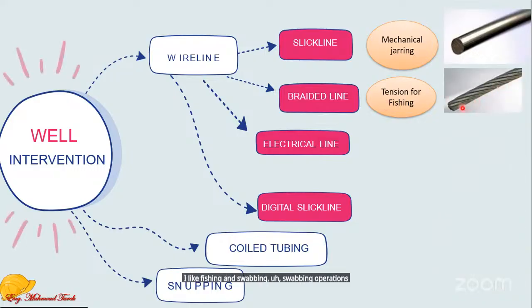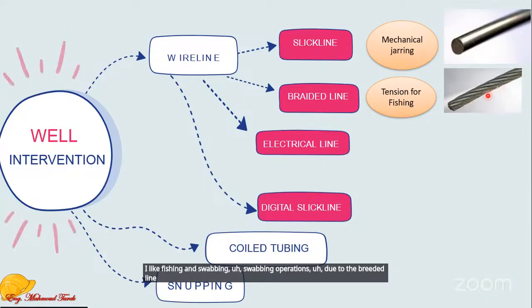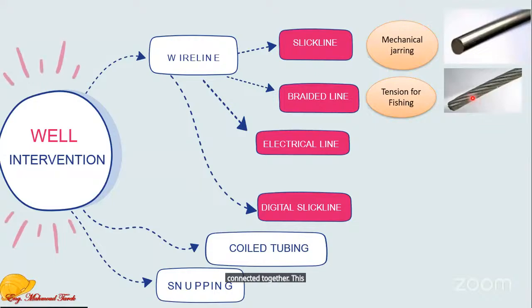The braided line is like strands connected together. These strands can apply more tension than the slickline.